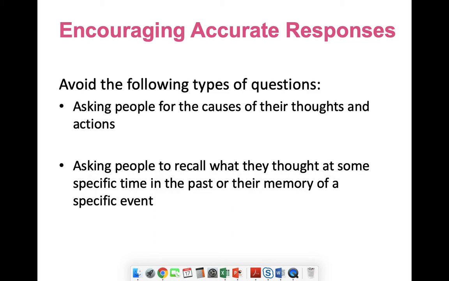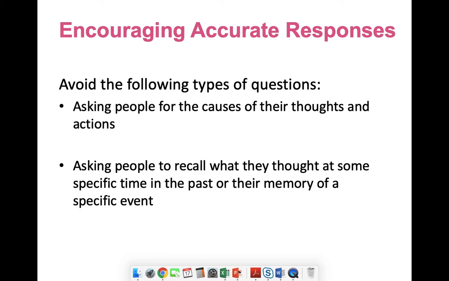So when you ask people to give a reason or a cause of their behavior, you will get an answer, but it doesn't necessarily mean that that's actually why people do something. And again, it doesn't mean that they're lying or being deceptive. It's just that they might not be fully aware, but you will often get an answer. So it's best to avoid asking people about the causes of their thoughts or behaviors.